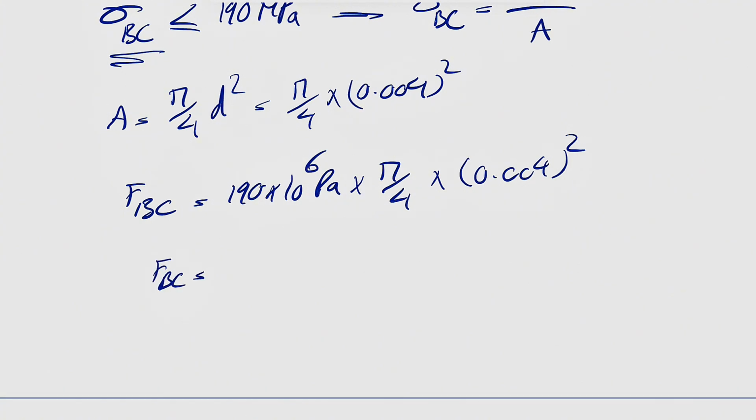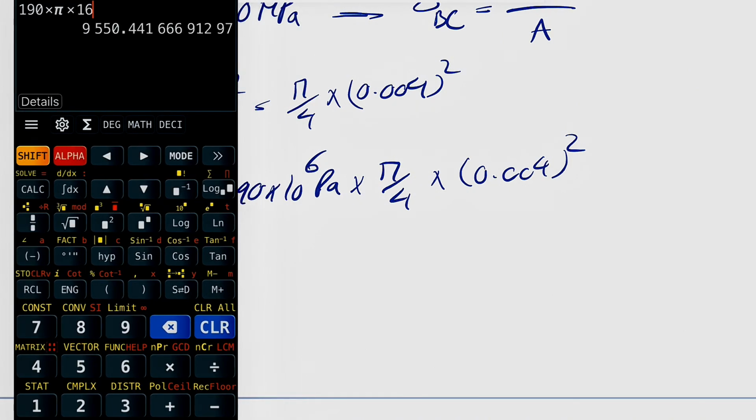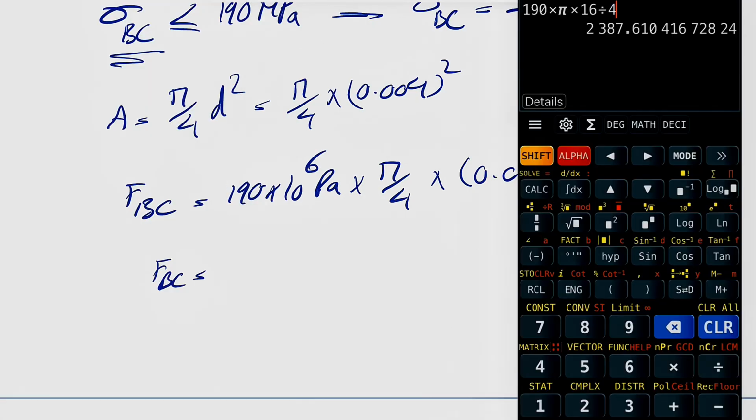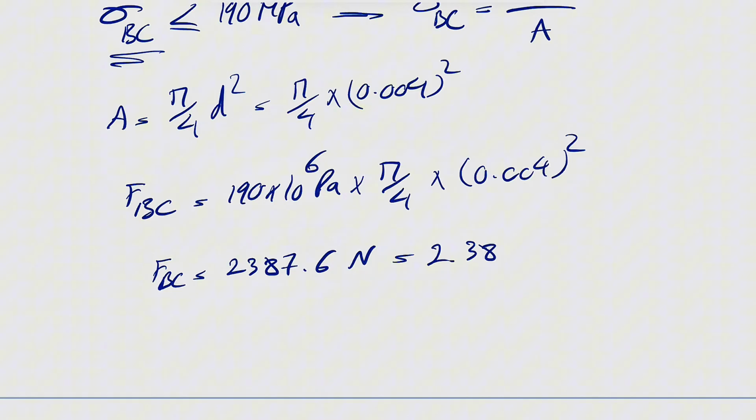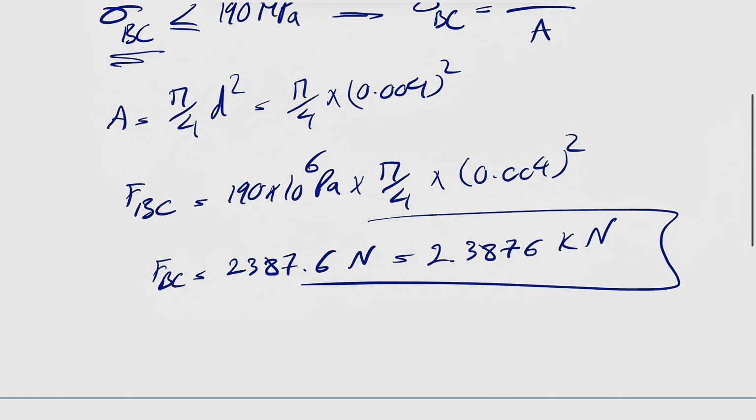Let's calculate this. It's pi times 16 divided by 4. That's going to be 2387.6 Newton, or 2.3876 kilonewton.